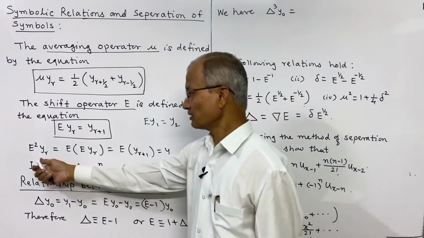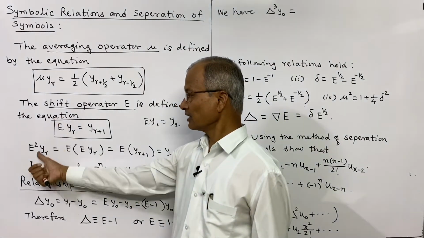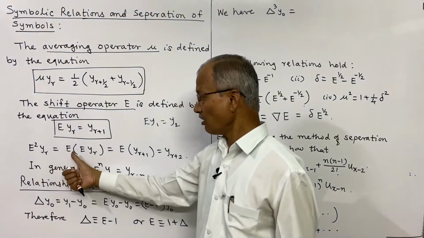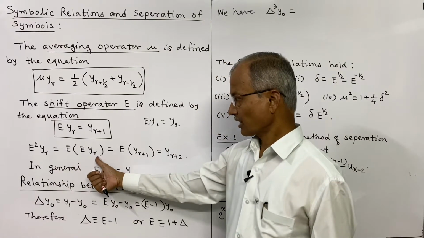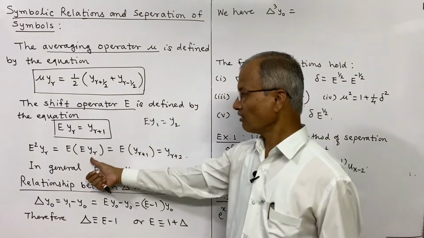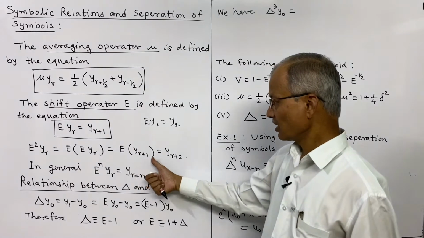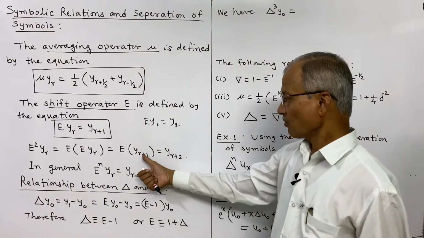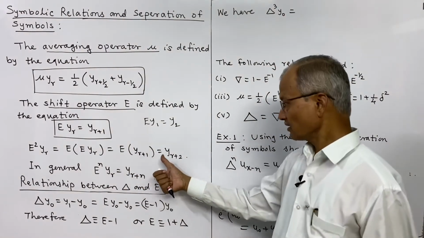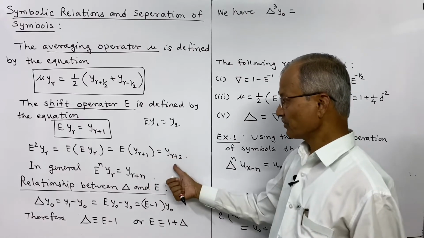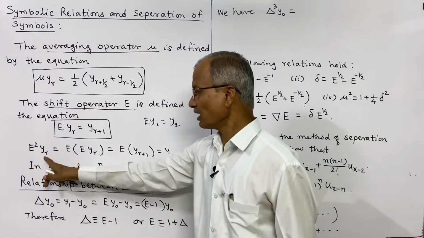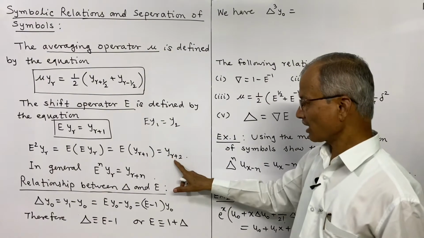And what will be the higher order operator? E square yr is E of E of yr, that is E of y r plus 1, which is y r plus 2, the next value. Thus we have E square yr equal to y r plus 2.